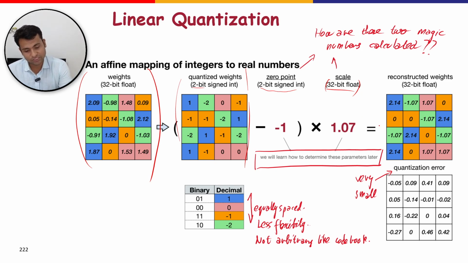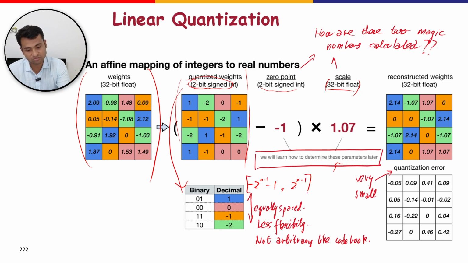How we calculate these parameters is something we're going to learn in the next slide. But based on this 2-bit signed int, how many representations do you have which you can fill inside this weight matrix? If it is 2 bits, then equally spaced, as we discussed in the sign bit representation, the range is minus 2 raised to the power n minus 1 to 2 raised to the power n minus 1.